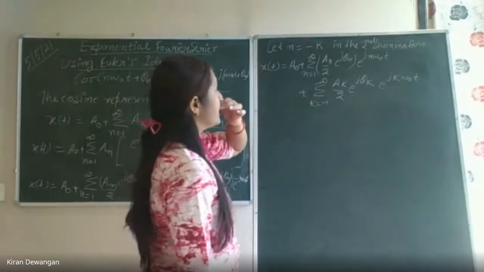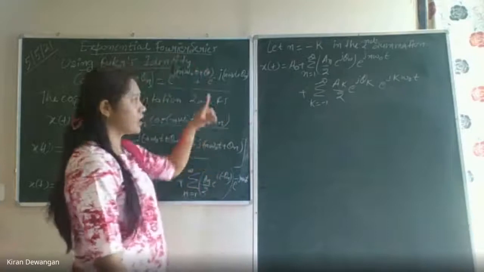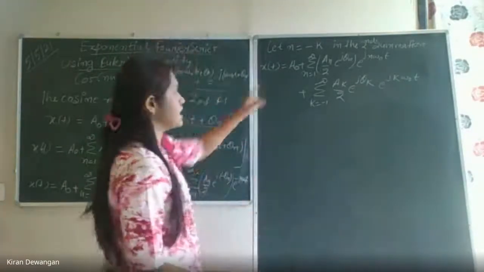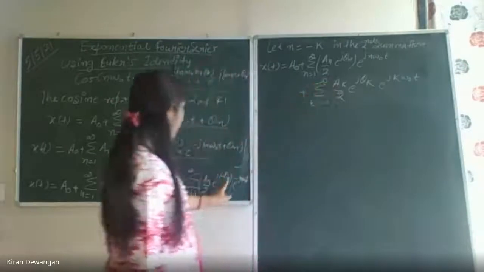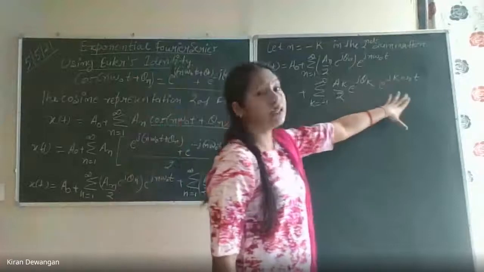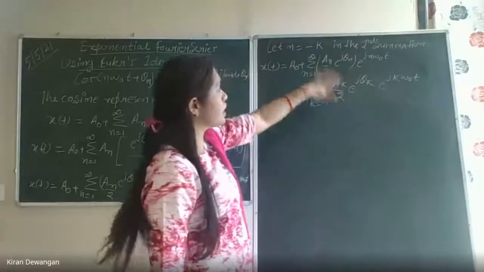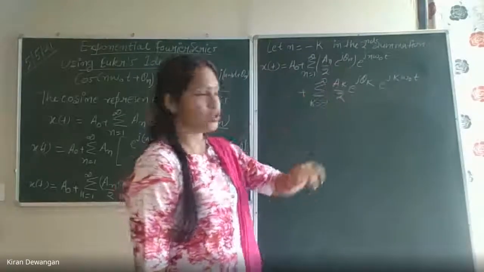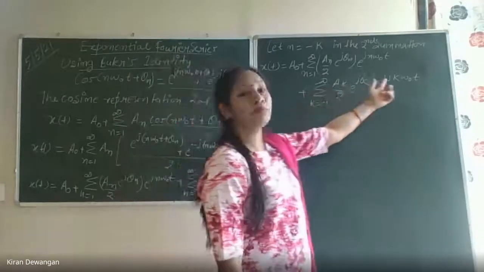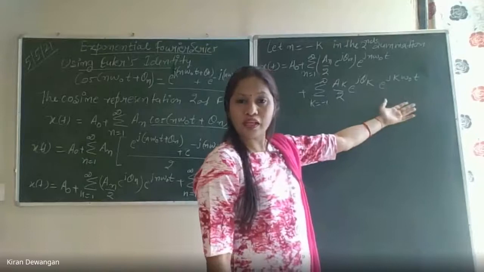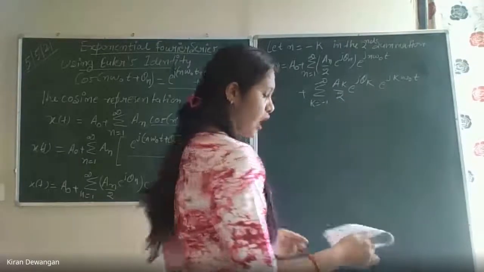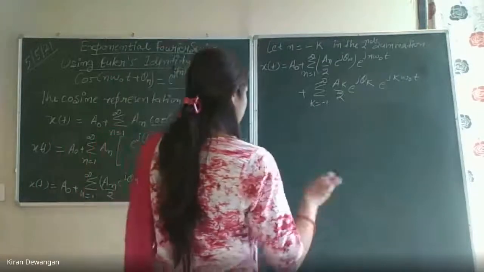So here minus theta n is again replaced by theta k. A of minus n is replaced by ak, and minus theta n is replaced by theta k. So these are the substitutions that we have made in second summation only. Now we can even replace it by another variable, we can easily write it in terms of n also.